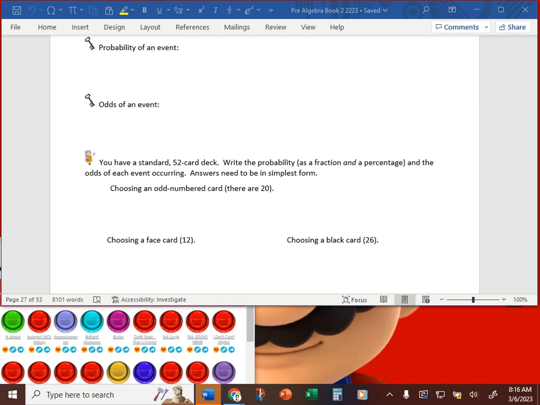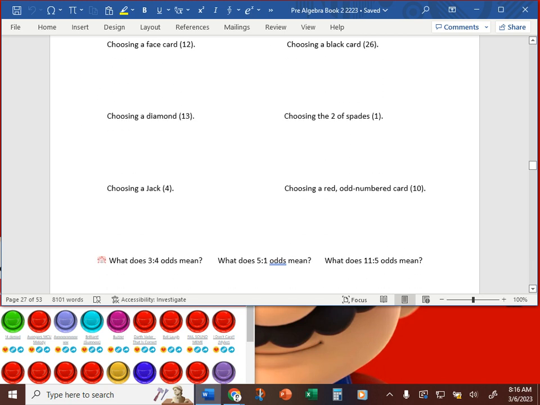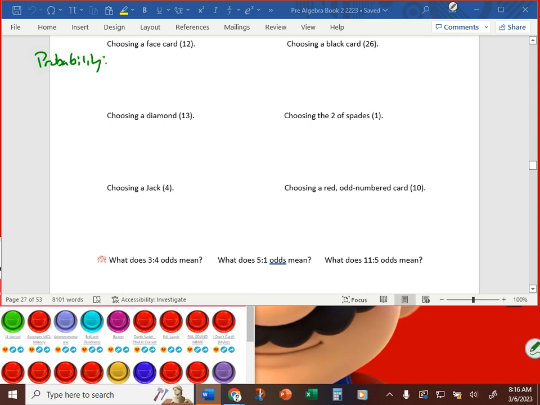Let's look at the next couple here. It says choosing a face card, and there are 12. So with probability, what's the probability of picking a face card? Successful over possible. 12 over 52. That's what this number in parentheses is here.